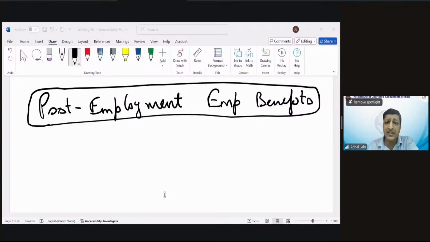Ashlesha says gratuity. Kuldeep says pension could be there, medical benefits could be there, gratuity could be there. Great. You have shared a lot of examples. I can see a lot of responses from Shamli and Ridiben.